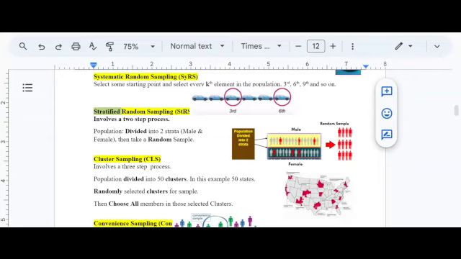By this way, I can say there is a chance that the next president will be so and so. But for the stratified, I divide them into 2 groups and then randomly select. Randomly. Here I'm not doing randomly. I'm taking everybody by force. You have to come and do the voting.